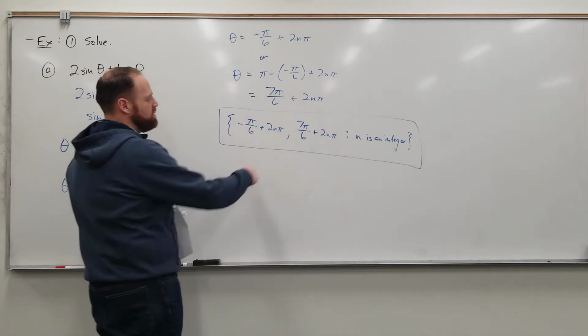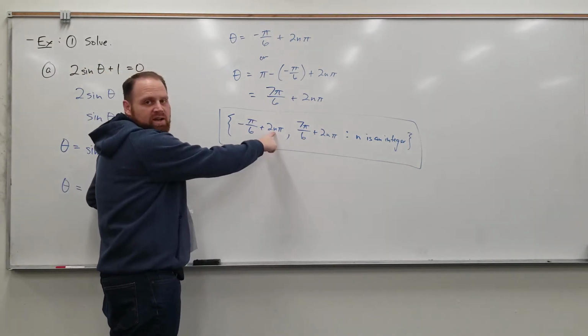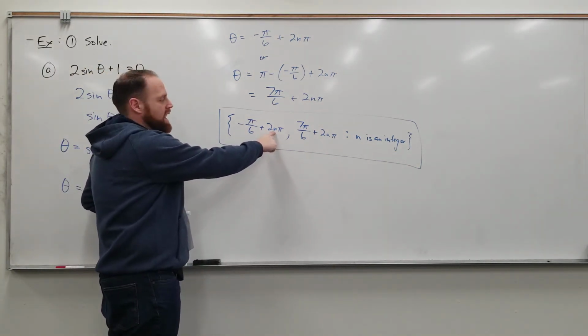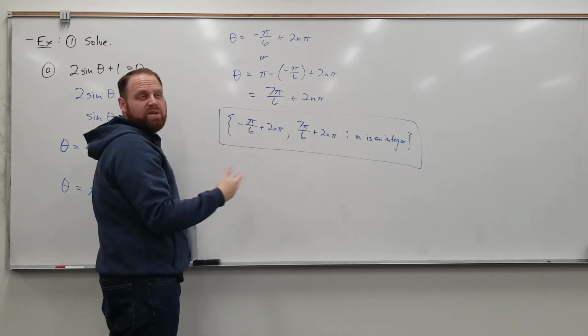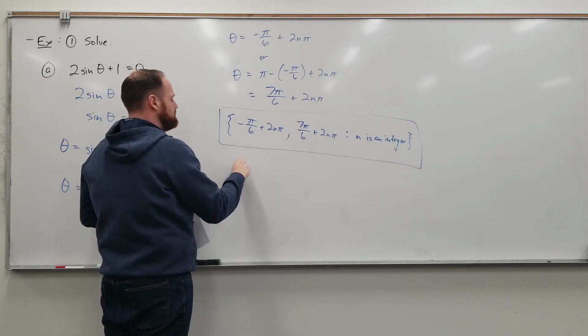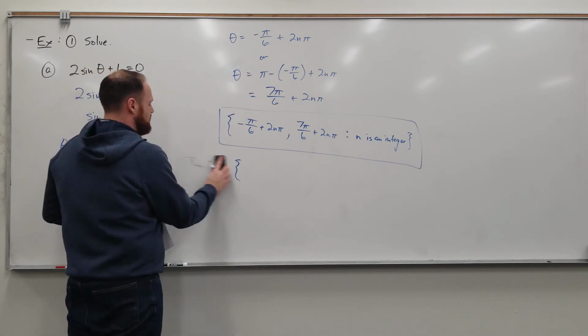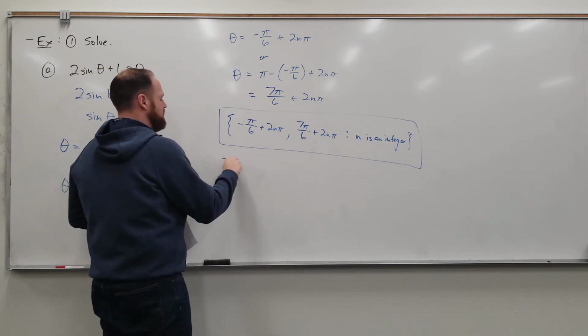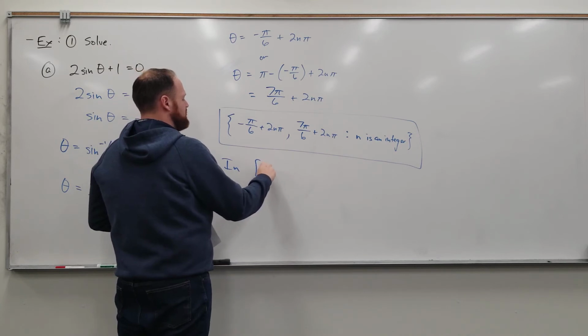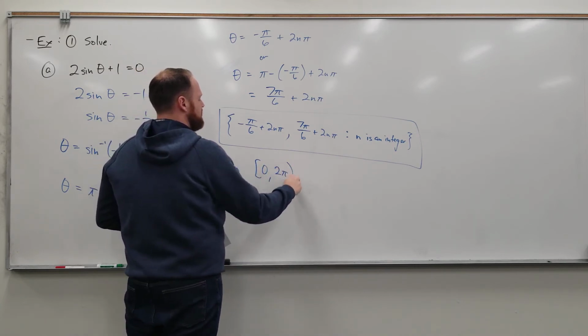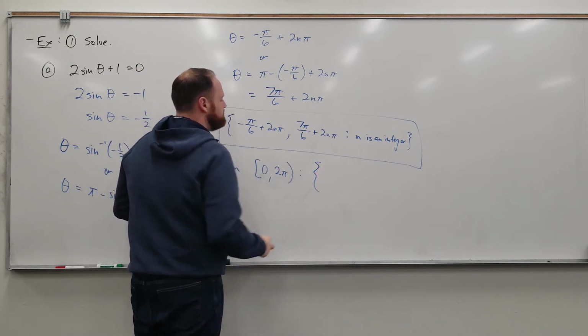Well, so then what you would do is start taking turns plugging in numbers for n. And then you only keep the ones that live between 0 and 2 pi. So maybe I'll say this. So the solutions that live between 0 and 2 pi are the following.